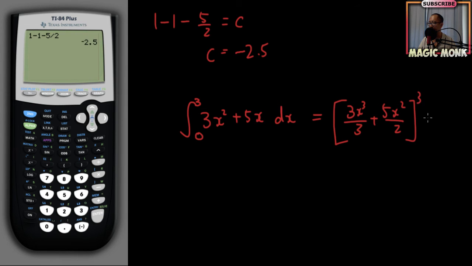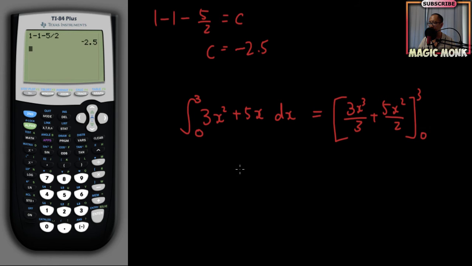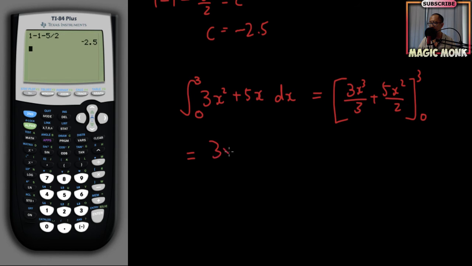Because if you substitute 3 in first, you go 3 times 3 cubed over 3. I'm not going to write 3 over 3 because that's just 1. So it's just 3 cubed, because 3 divided by 3 is just 1. So it's substituting 3 into x.